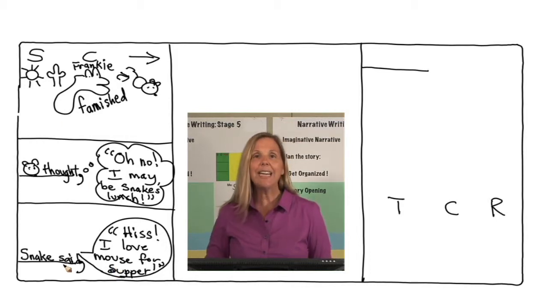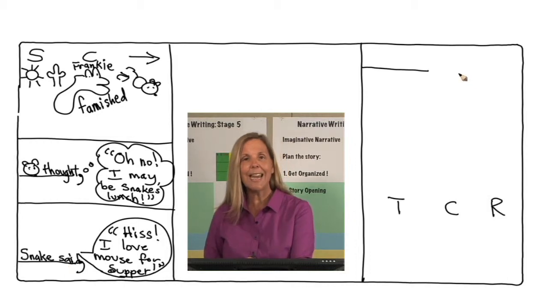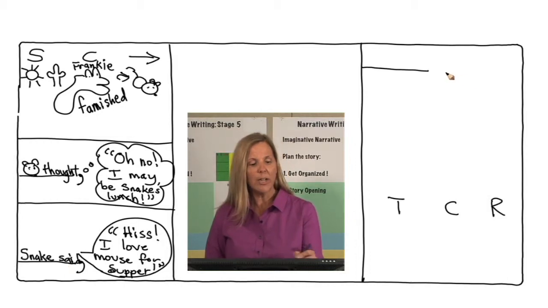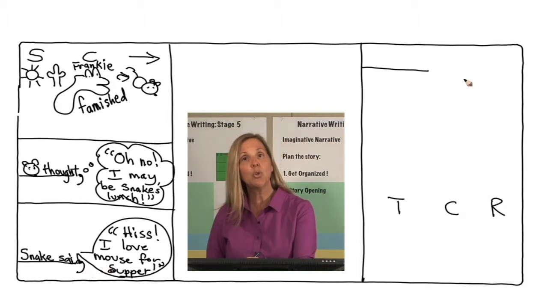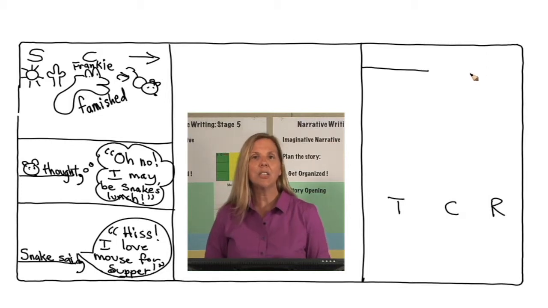Once we have the beginning, the next step, and this is what's very interesting and different from many other ways to plan a story, and that is we're going to jump to the end of the story. Once we have our beginning and we reveal the characters through actions and reactions, we're going to jump to the end and say, what happened at the end of the story? Why am I jumping to the end of the story?